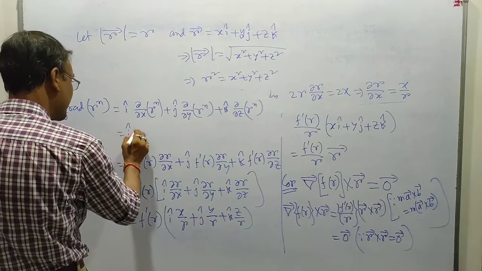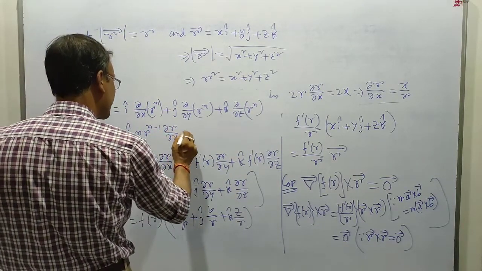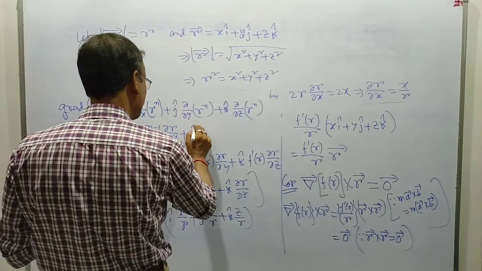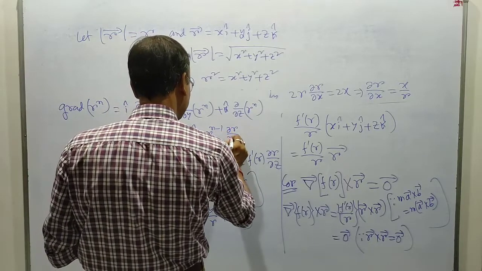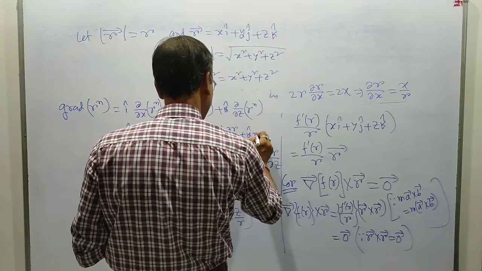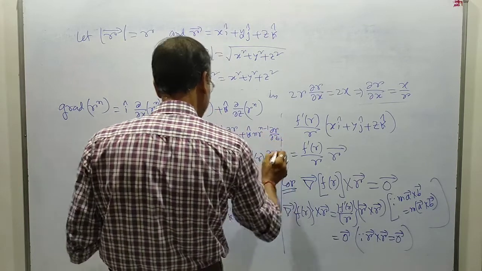This is equal to i cap n R to the power n minus 1 delta R by delta x plus j cap n R to the power n minus 1 delta R by delta y plus k cap n R to the power n minus 1 delta R by delta z.